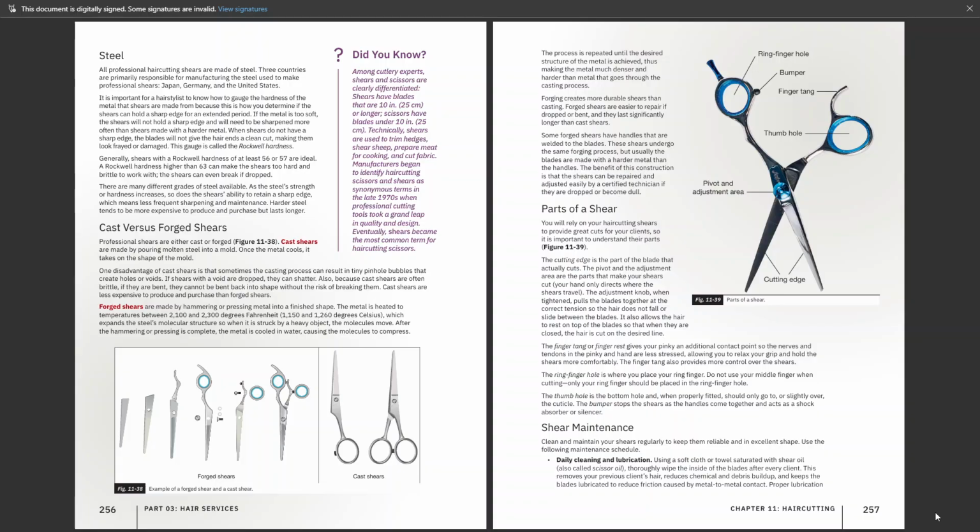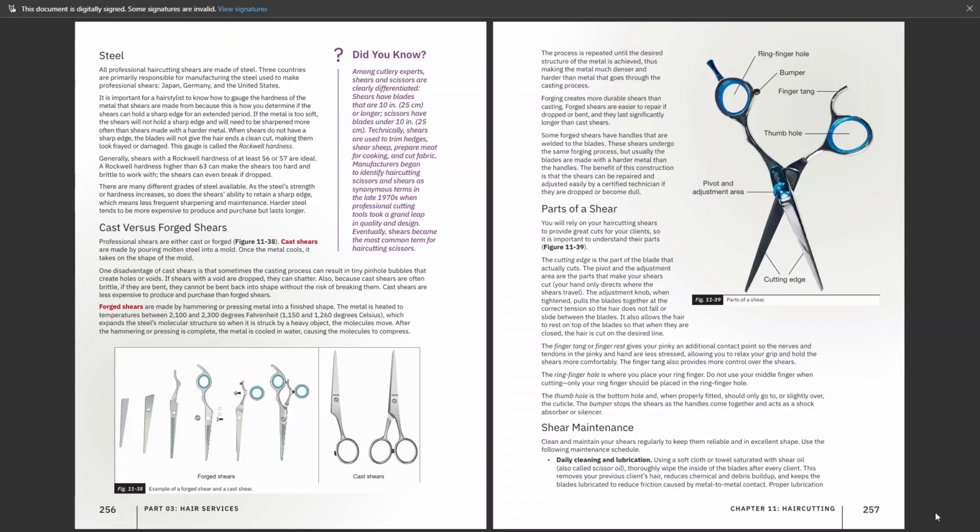After the hammering or pressing is complete, the metal is cooled in water, causing the molecules to compress. Figure 11-38, examples of forged shear and cast shear. The process is repeated until the desired structure of the metal is achieved, thus making the metal much denser and harder than metal that goes through the casting process.